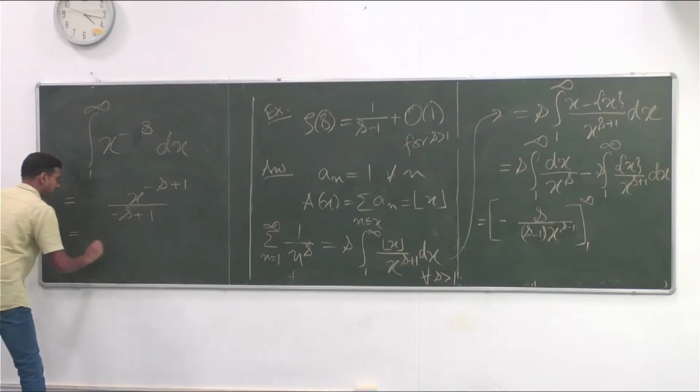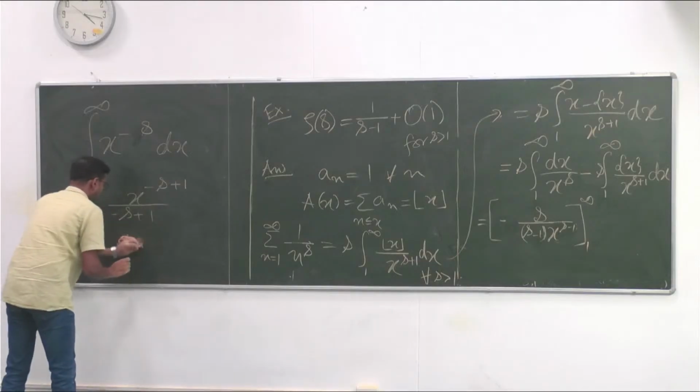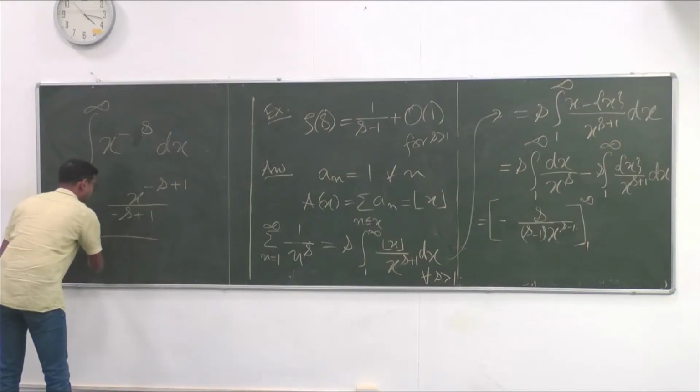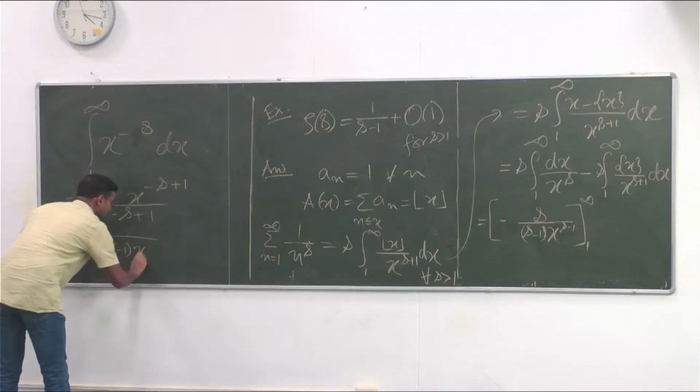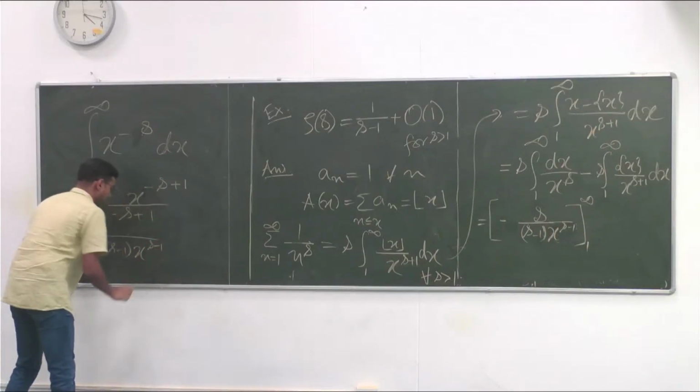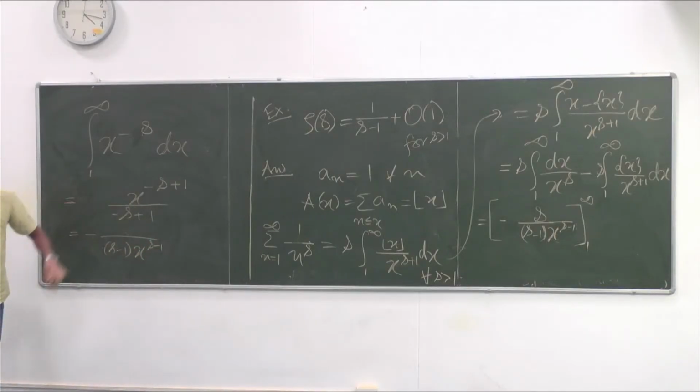Okay, so that is equal to minus 1 by s minus 1 times x power s minus 1, right? And that's what I have written there.